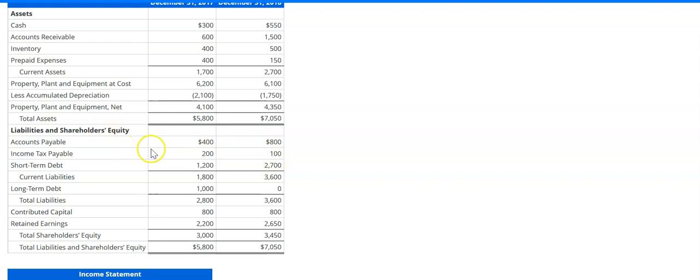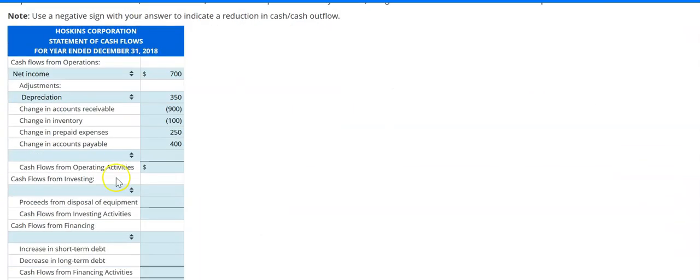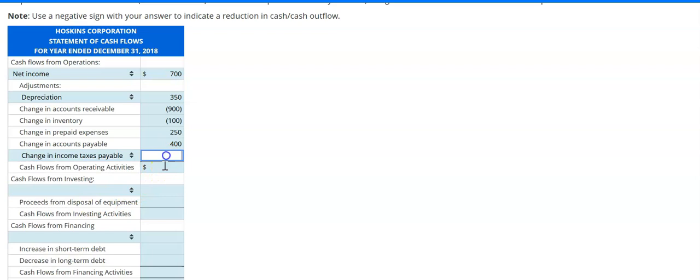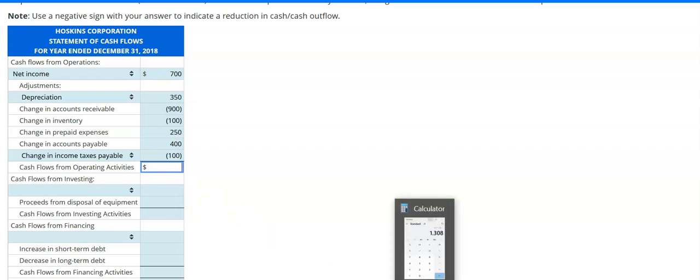And again, with liabilities, we enter it exactly the way it is. With our expenses and our assets that have a normal debit balance, we have to reverse that, but we don't have to do it with our liabilities. So let's see here. They want us to find change in income taxes payable. There it is. And so it went down, and since it's a liability, then we can just enter it exactly the way that it is.